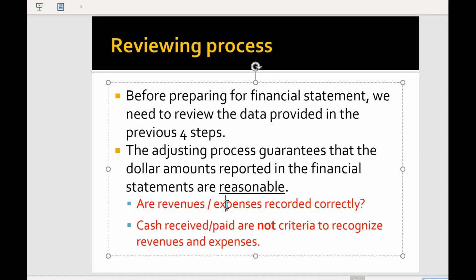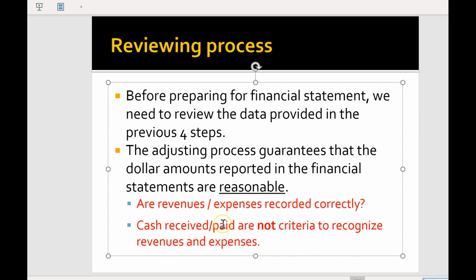Trying to understand, accountants do make mistakes. One important reason that they make mistakes is that they didn't understand or they sometimes forget about the ideas of recognizing revenues and expenses.